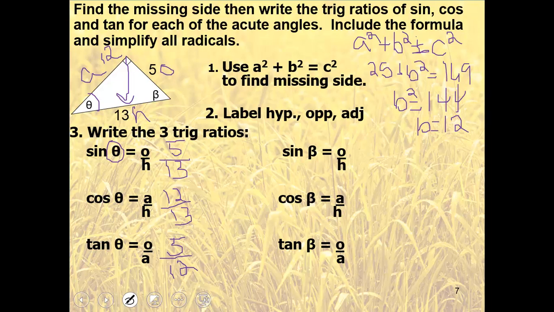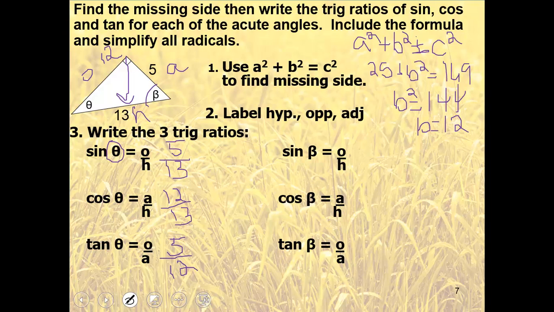Now for beta, I have to change which side is adjacent and which side is opposite. So I'm going to do a little erasing here. I'm looking for beta, so here's my side opposite, here's my side adjacent.